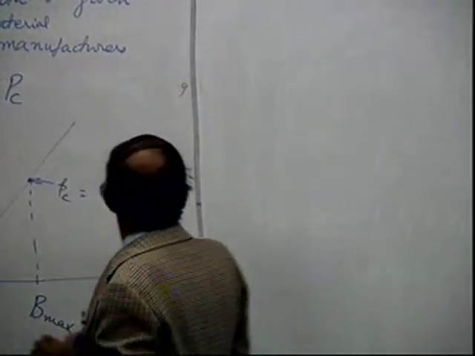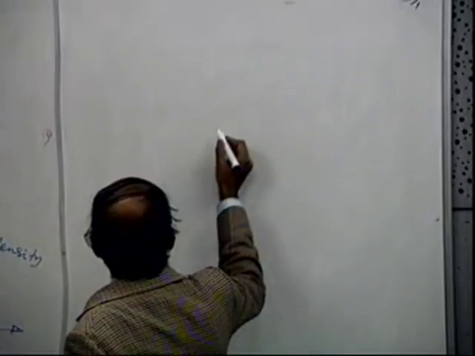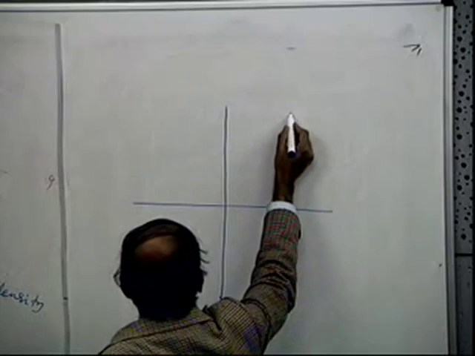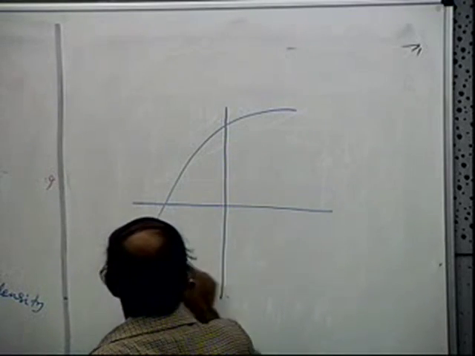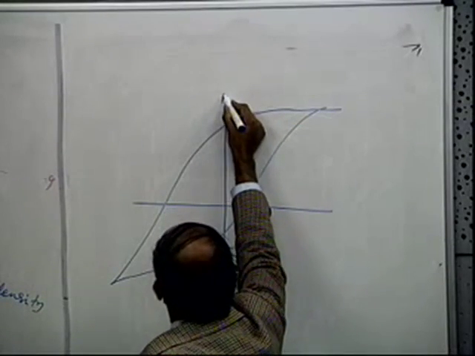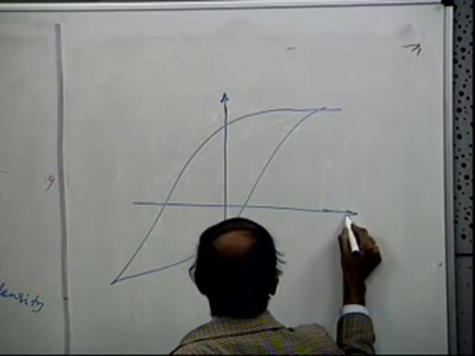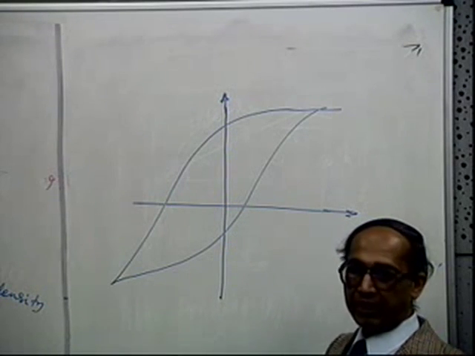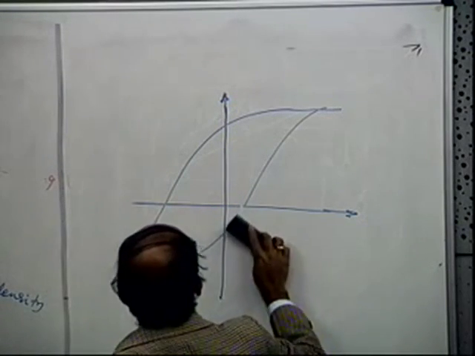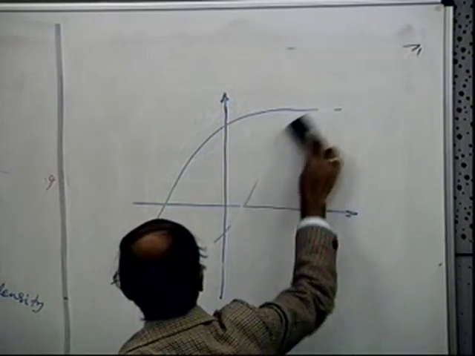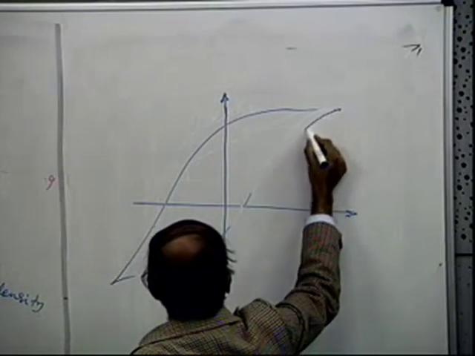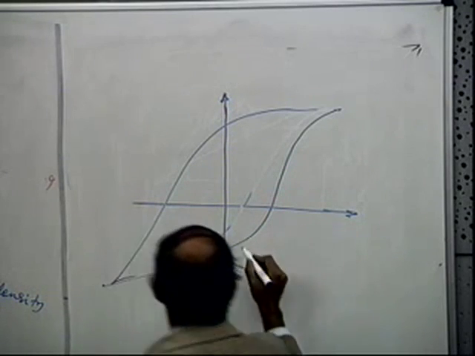Let us see it like this. We have seen this BH loop, and what will the x-axis be? Make it a little symmetrical.